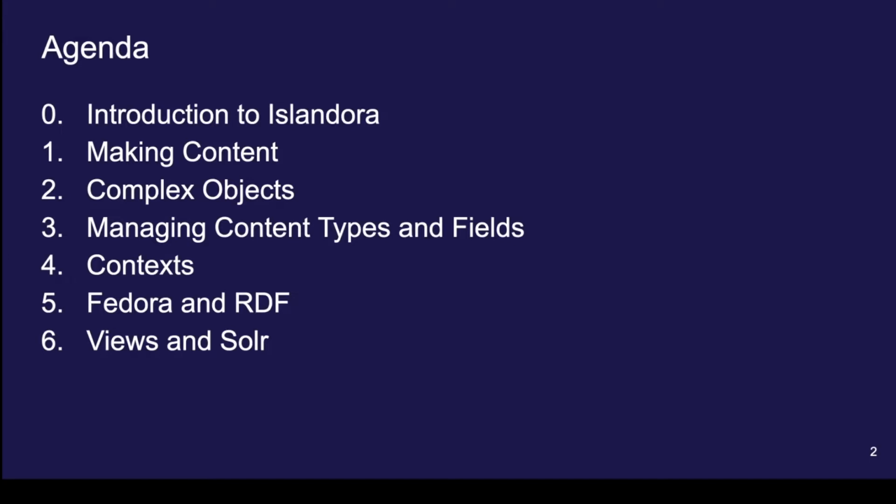Then we'll talk about contexts, which is a Drupal module that lets us do if-then kind of automatic behaviors. We'll talk about Fedora and RDF, as well as views and Solr, which kind of work together because now if you want to do Solr search stuff, you're going to be making views. And finally, I didn't put it on the agenda, but we do have a small section on Islandora Workbench, so getting your content in bulk into Islandora.